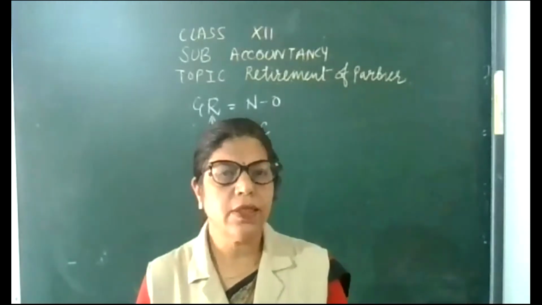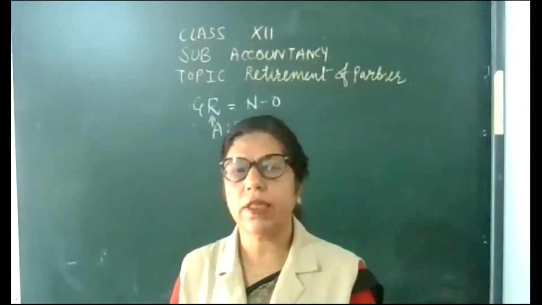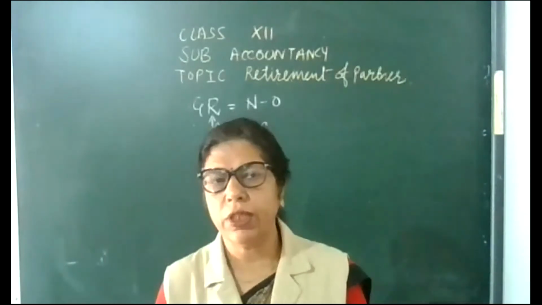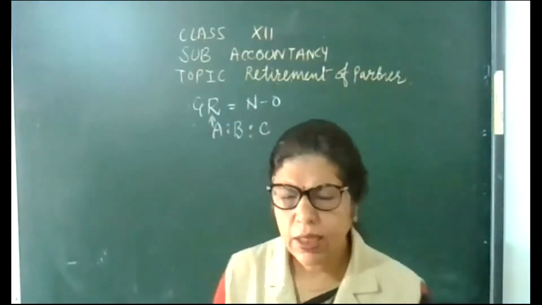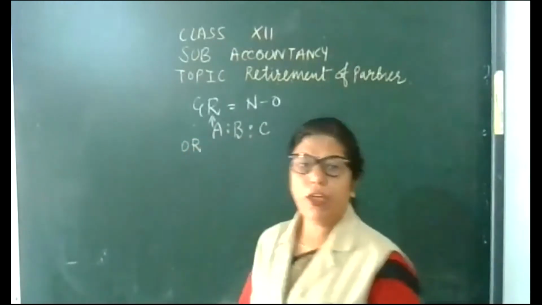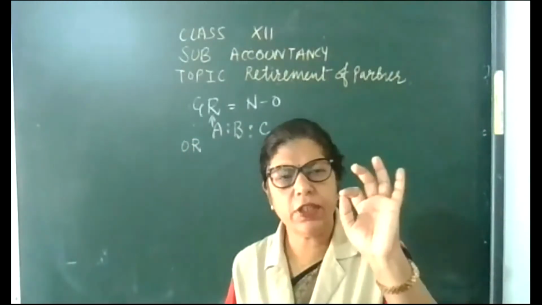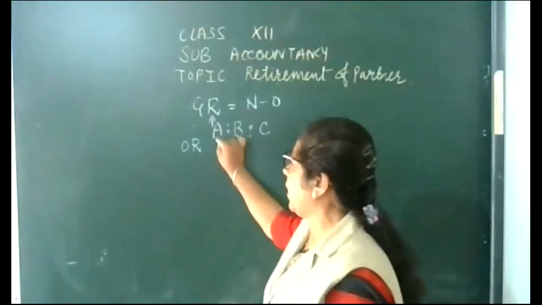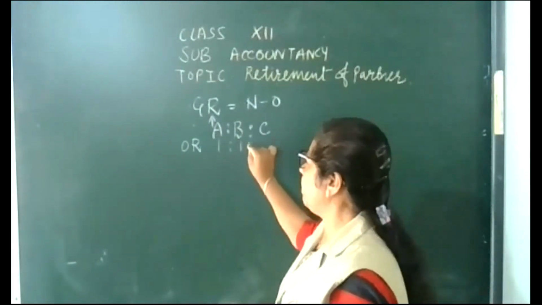Don't think this is an incomplete question or incomplete information. It is a complete question. The old ratio is not given. If the old ratio is not given, it is clear that it should be equal.